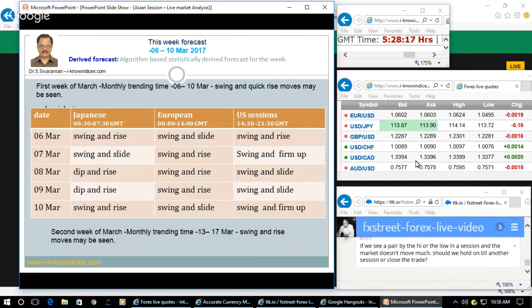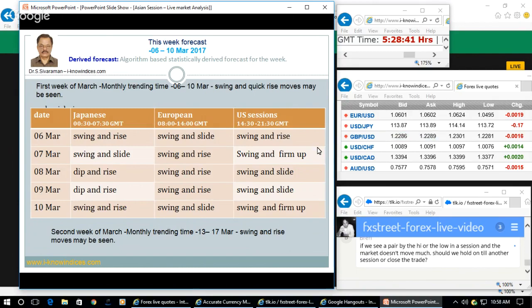If you want to finish the trade within the session, then use the time frame and close exactly by the end of the time. And if you follow the forecast, then you find that they're going to make a swing and rise and then swing and firm up. Then they are expected to make a continuous rise. You wait till the end of the Japanese session and close it.